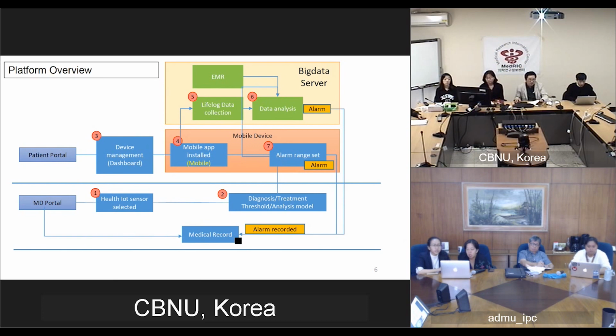Also during the exercise, the patient's heart rate will be monitored in real time on their mobile phone. And when the patient's heart rate goes above the target heart rate, an alarm will go off on the patient's mobile phone, so that the patient will reduce the exercise if they get the alarm message.